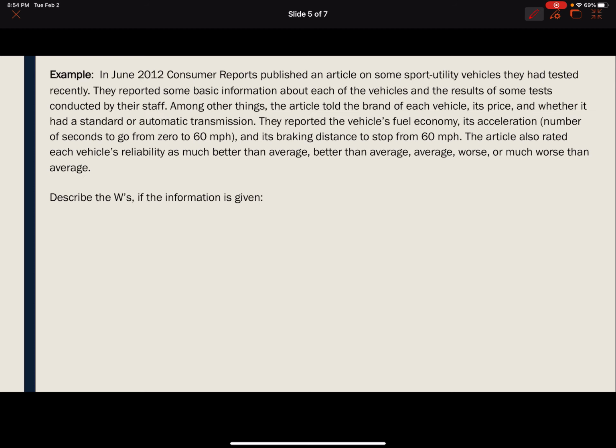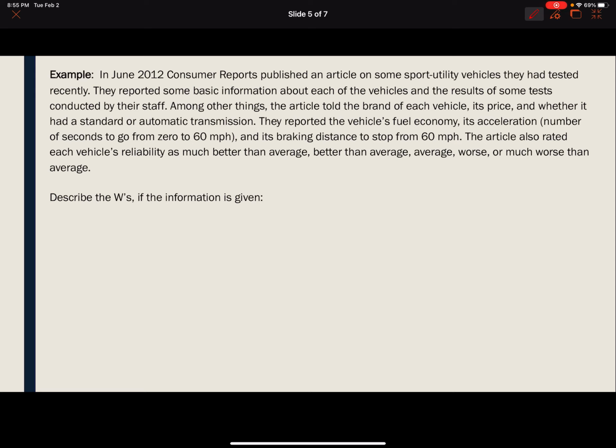So let's look at an example. It says in June of 2012, Consumer Reports published an article on some sport utility vehicles they had tested recently. They reported some basic information about each of the vehicles and the results of some tests conducted by their staff. Among other things, the article told the brand of each vehicle, its price, and whether it had a standard or automatic transmission.